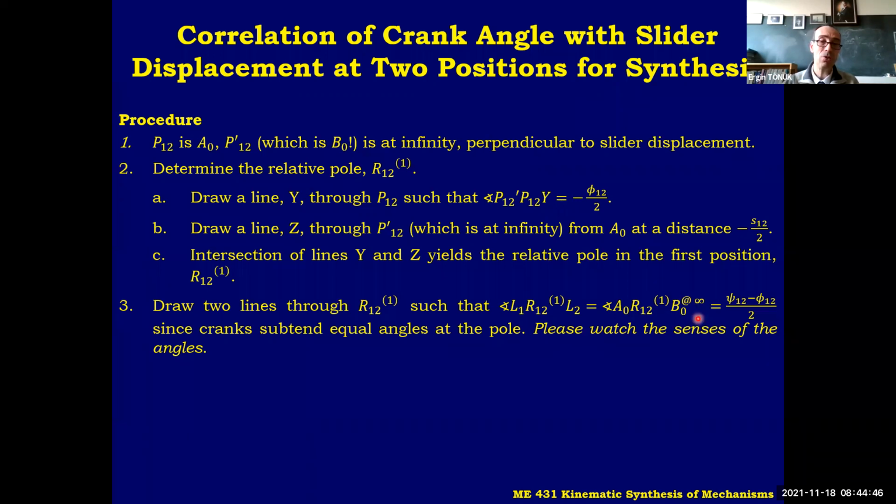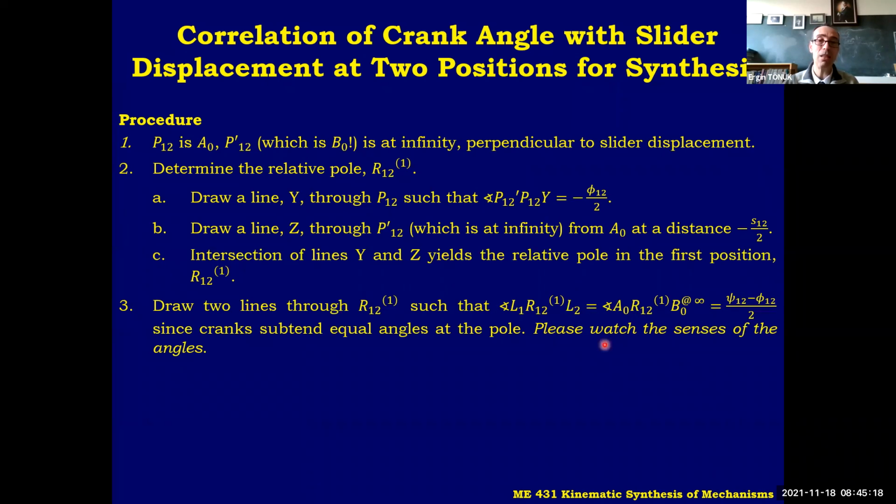And actually, this angle was psi12 minus phi12 over 2, but if B0 is at infinity, the rotation of an infinite crank would be 0. So this is going to drop. We will have just negative phi12 over 2 should be this angle, okay? So is this.